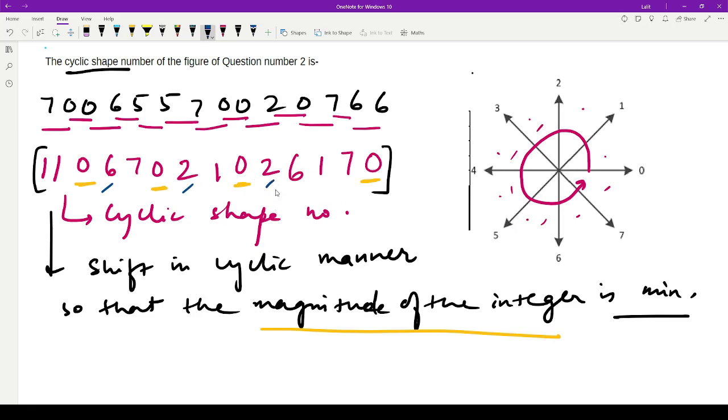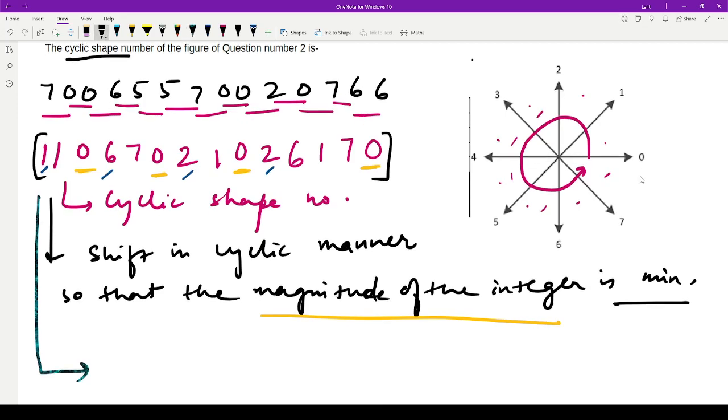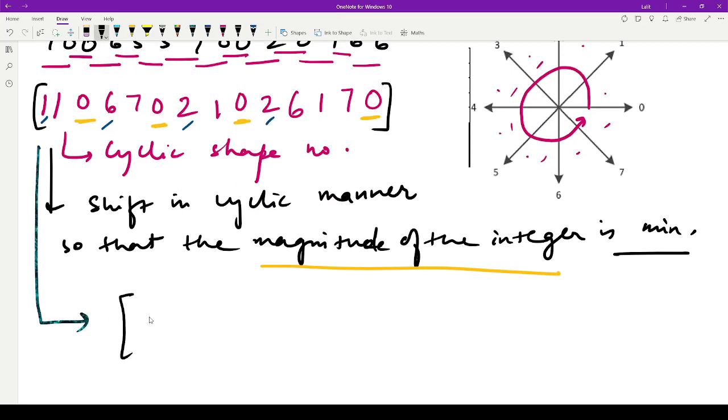Okay, now we have to choose the third digit if we don't find a better one. But 0 and 1 is also there. This 0 and this one. So what your cyclic shift should do is take this specific thing out there and rewrite it like this. So I'll just shift 0 to the front.